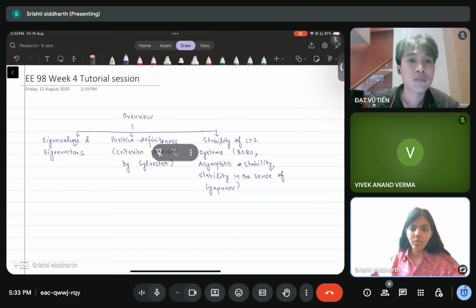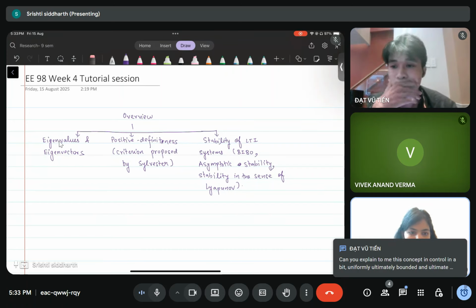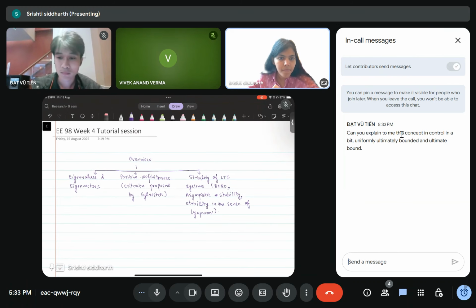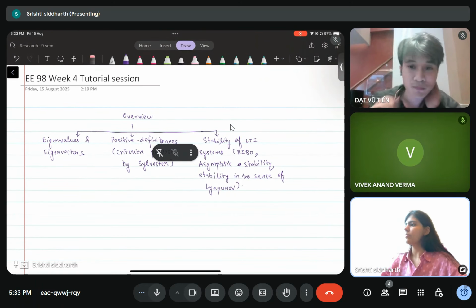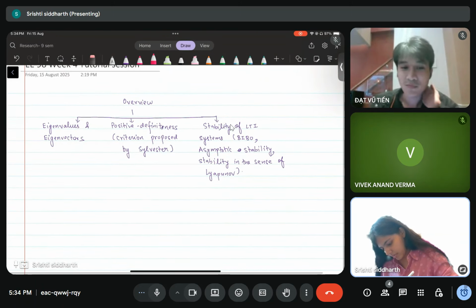Right. So first, let's begin with determining eigenvalues and eigenvectors of a matrix. Once we get to that topic, I'll describe it.